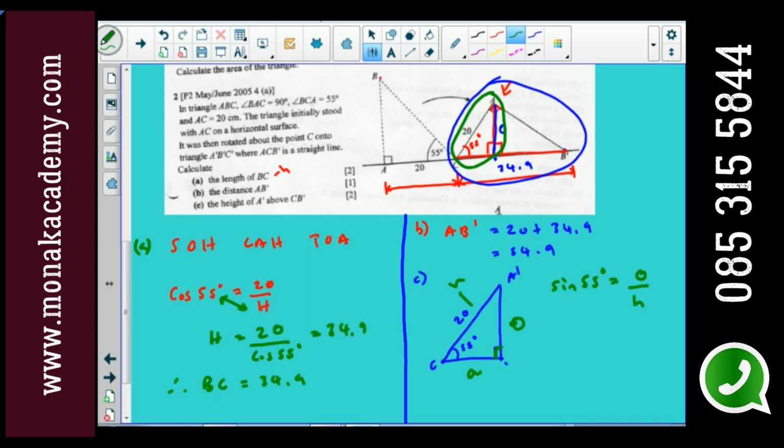Right? So in this case, we are simply multiplying this one to there. So it's going to be, our hypotenuse, we know it's 20 sin 55 equals O.